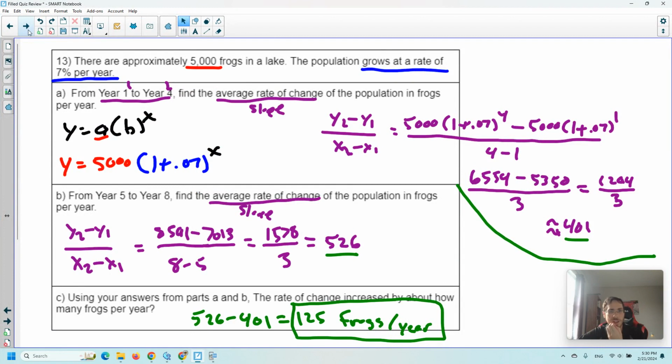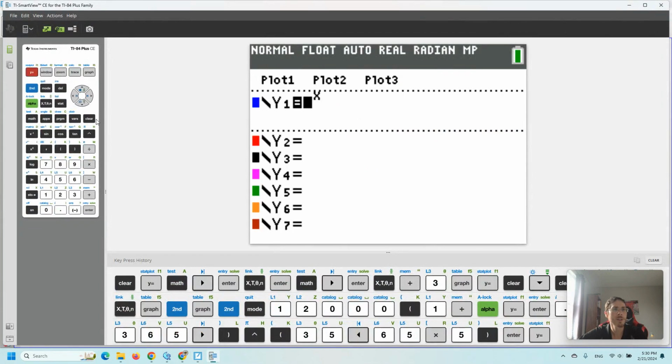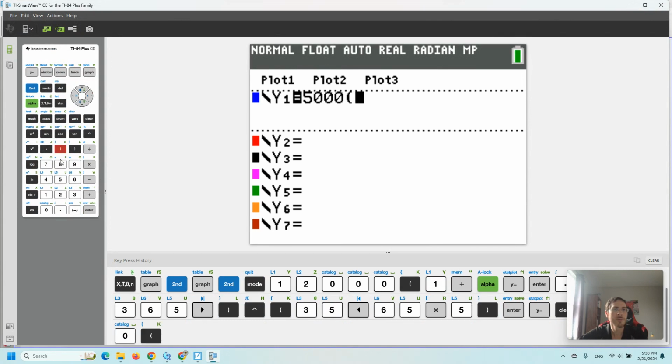With 13, again, I already showed you how you can bring up the table if you want to. So the table will work out. It's actually kind of nice in the TI calculator if we plug this in, 5,000 times 1.07 to the x. I actually think the TI calculator is nicer for this one.